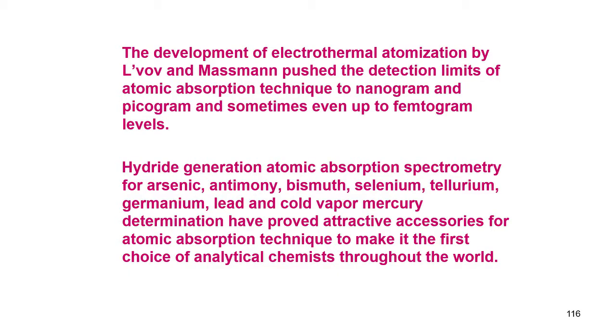That means 2 into 10 raised to minus 12, 5 into 10 raised to minus 12 grams of mercury can be determined, not just detected. They can be determined quantitatively with accuracy and assurance, and such advances have proved the attractiveness of the atomic absorption technique, making it the first choice of analytical scientists throughout the world.